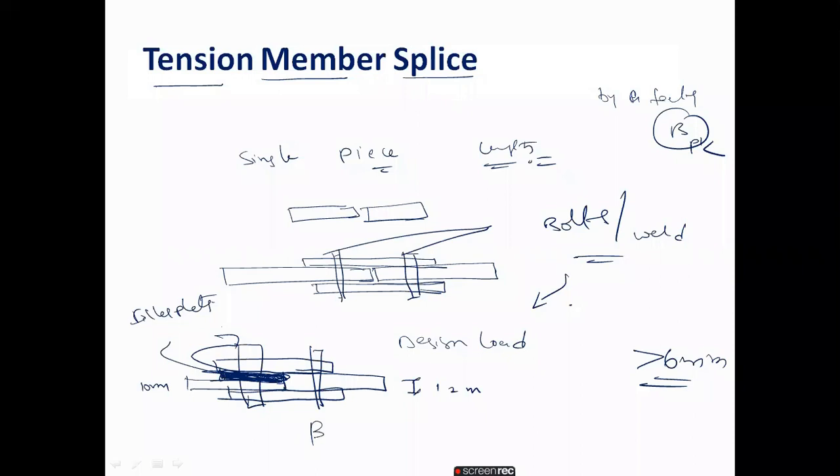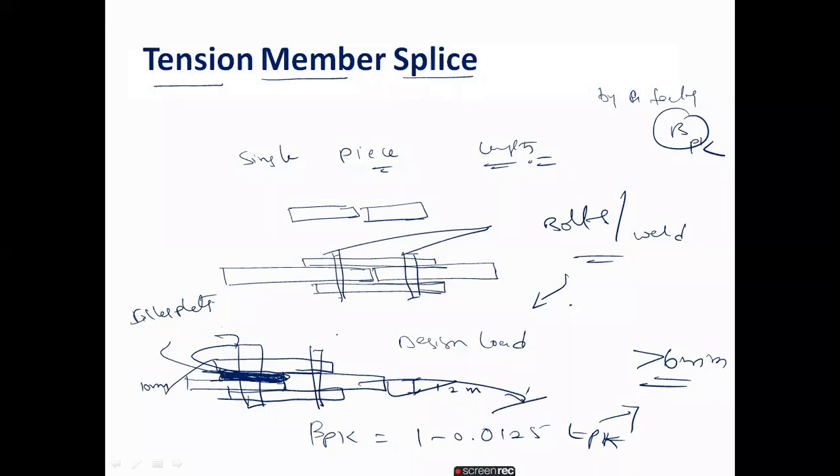The formula for beta pk is 1 minus 0.0125 tpk, where tpk is the thickness of the thicker packing plate. Suppose one is 10 mm and the other is 12 mm, we have to take tpk as 12 mm, whichever is thicker.